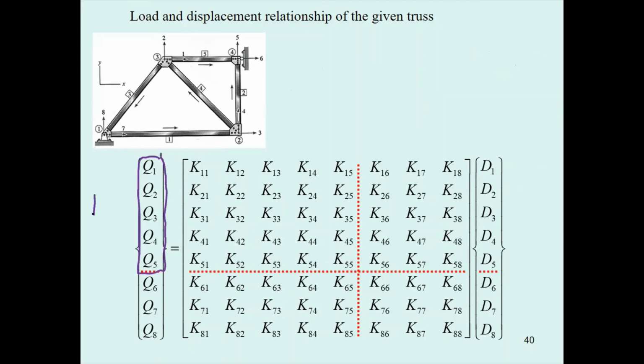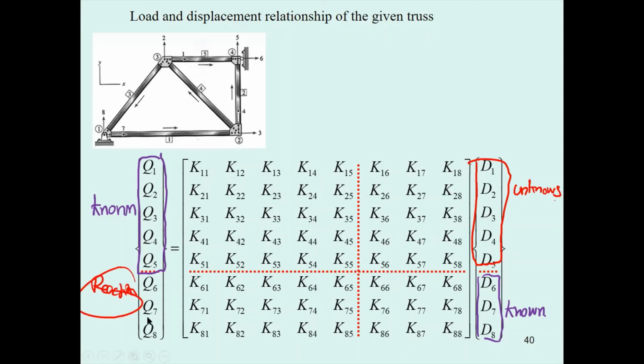This portion is known. You find it in the very first step of computation. This is going to be the unknown. You start by determining this one, and this is going to be the reaction.